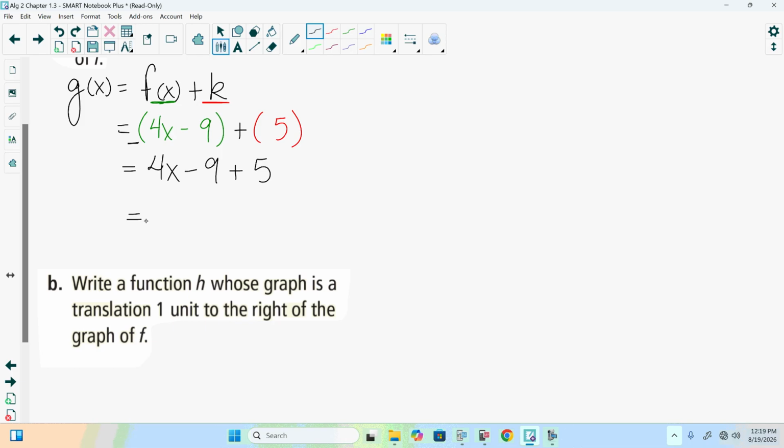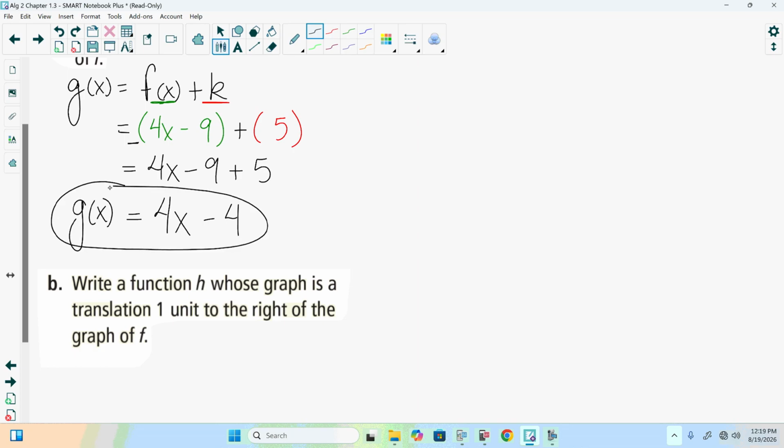We do have like terms. Negative 9 plus 5 is negative 4. If we'd have moved this function up 9, we would have had negative 9 plus 9.